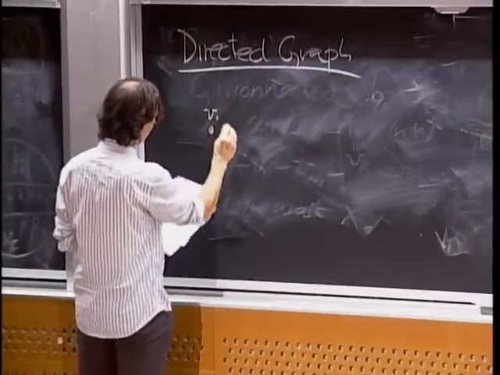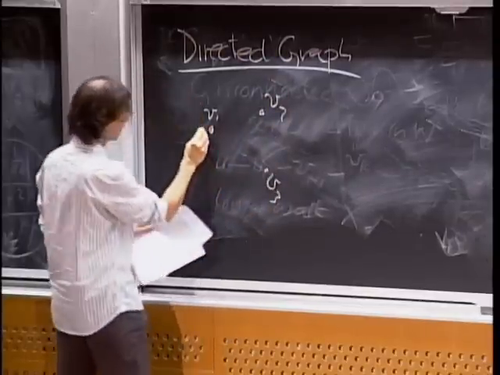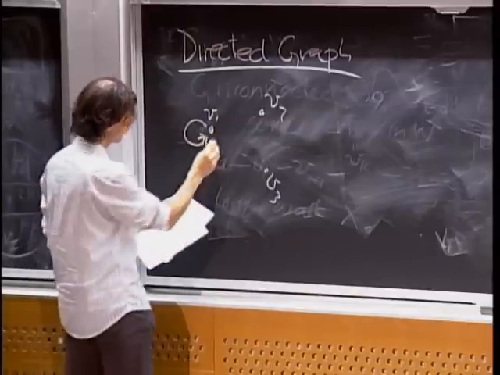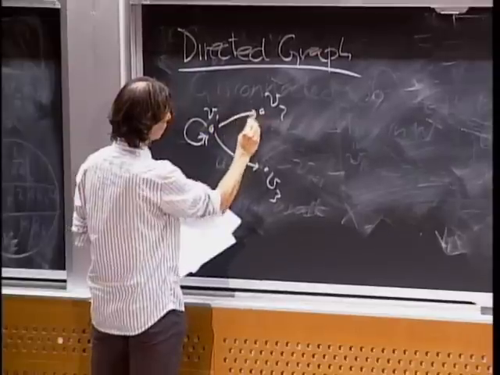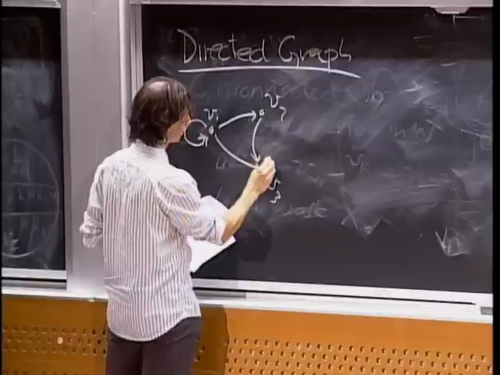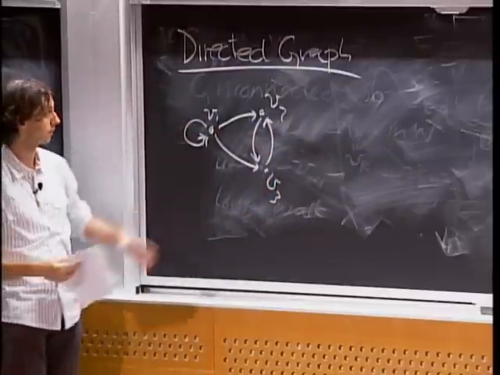We have V1, we have V2, V3. I may have an edge that goes like this, with an arrow. We use arrows in this case. I can go to V2 and V3. From V2 I may be able to go to V3, and from V3 to V2. So this would be a directed graph, as an example.